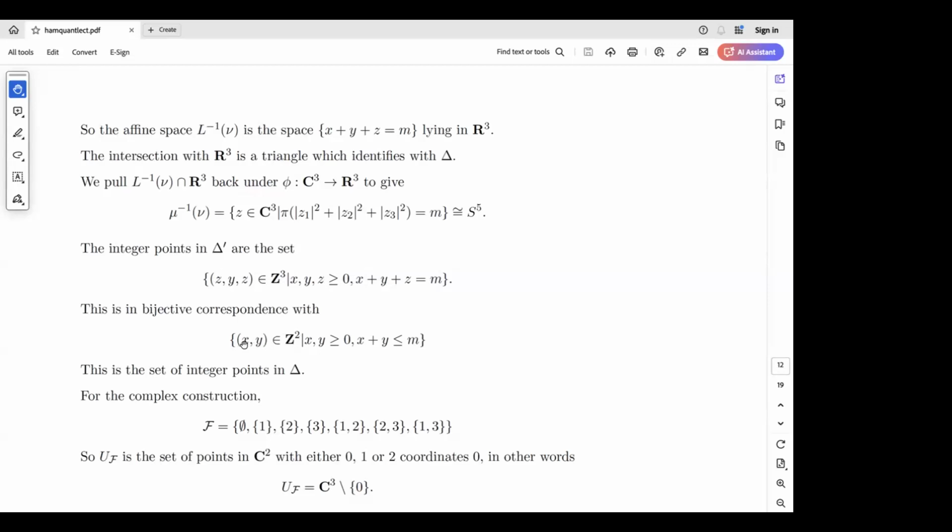So this is in bijective correspondence with the set x, y in Z squared, so that x and y are greater than or equal to 0, and x plus y is less than or equal to m. This is the set of integer points in the polytope delta, which is the right triangle with side length m and square root of 2 times m.